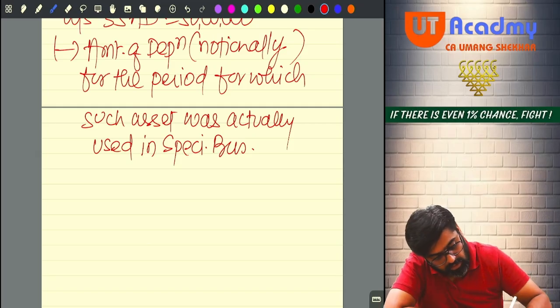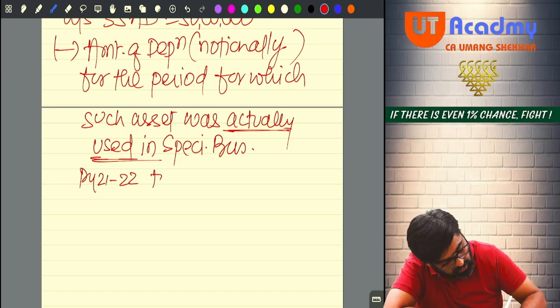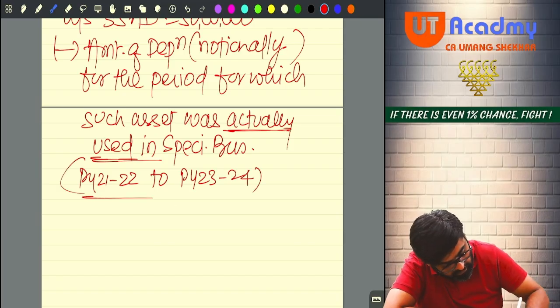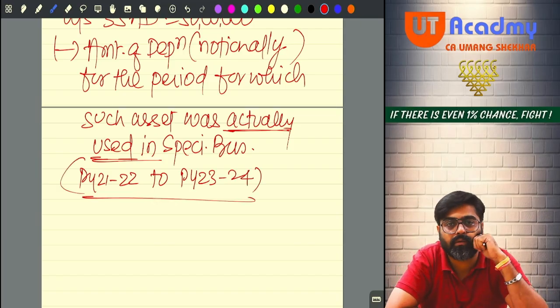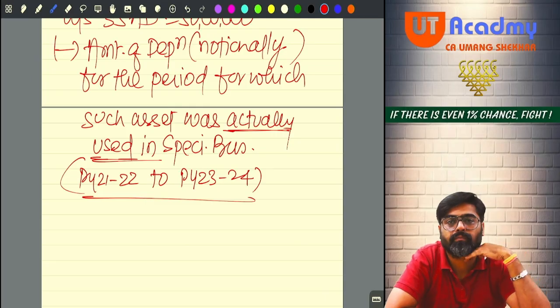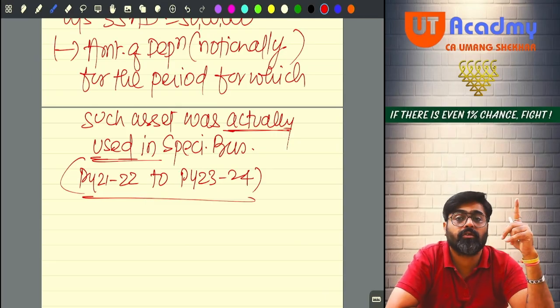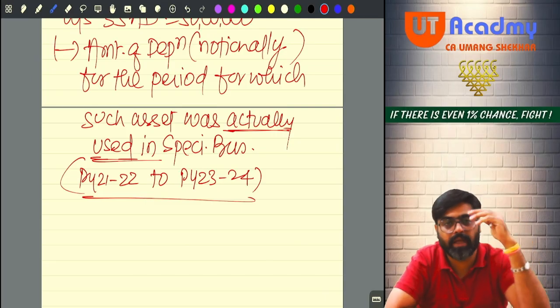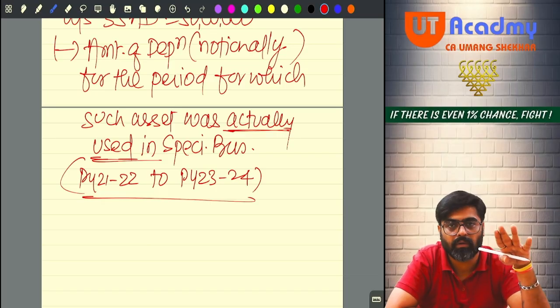So it was used in specified business from previous year 21-22 to previous year 23-24. For these many years, depreciation you are supposed to calculate on that 50 lakhs. Now assume that it was a building. What asset was there? 50 lakh. It was a building. Got it? The rate of depreciation is 10%.